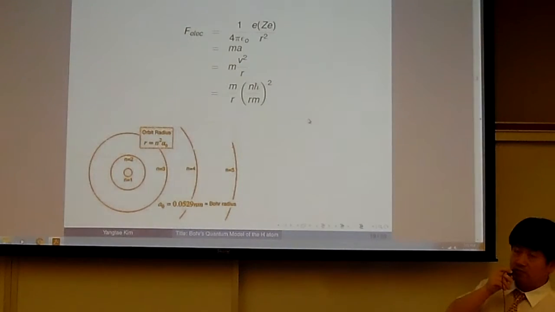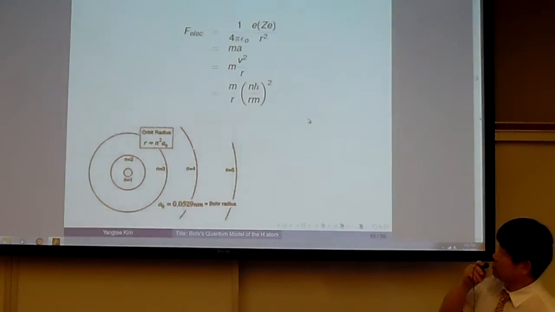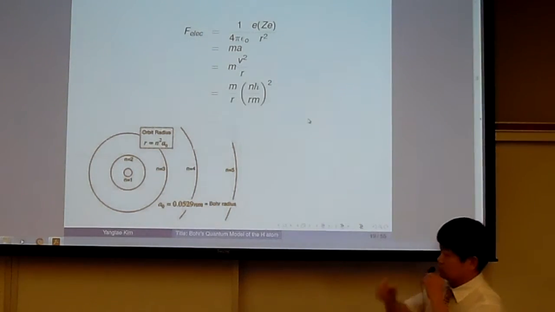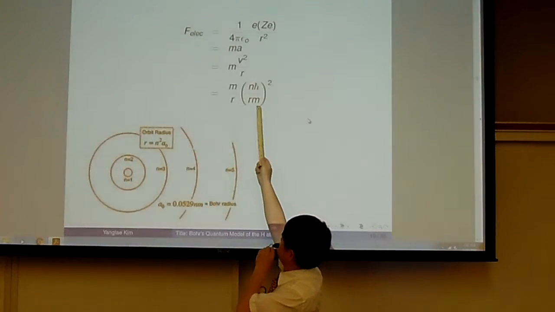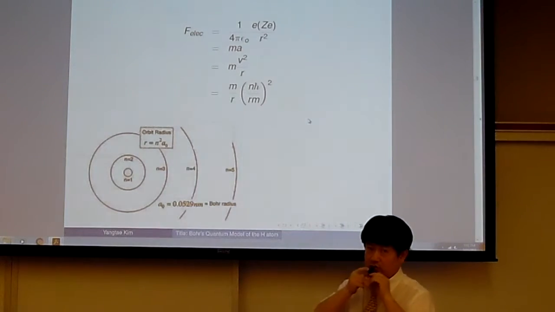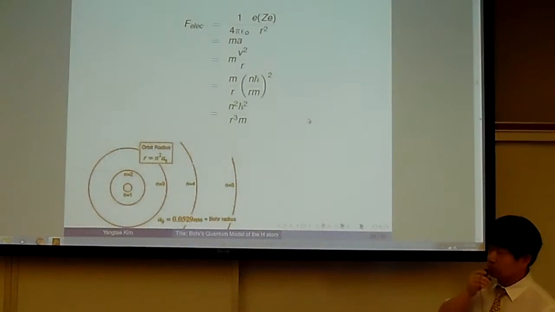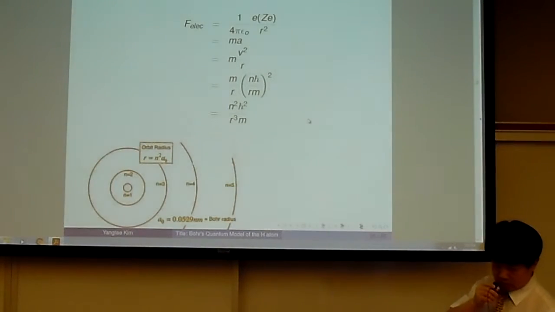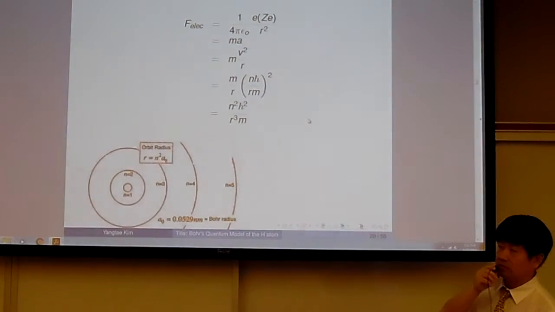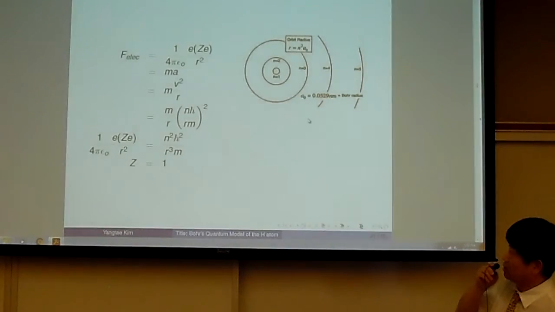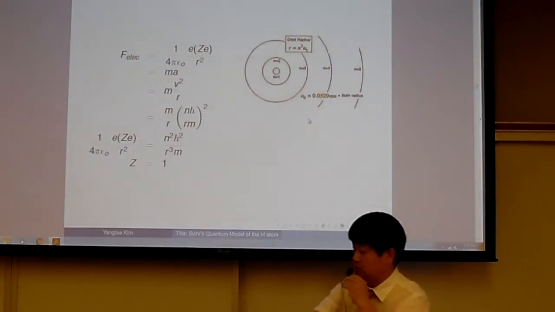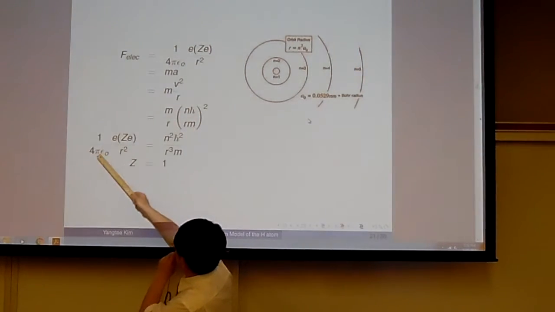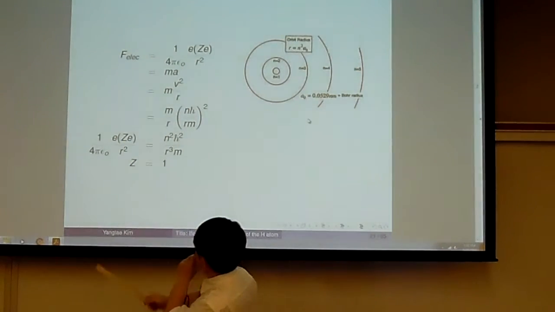Now we calculated v in the previous slide: n h bar over Rm. We plug that into v, and that gets squared. Then simplified, it becomes n squared h bar squared divided by r cubed and mass, which means the top portion of 1/4 pi epsilon naught is Z squared e squared over r squared equals this.